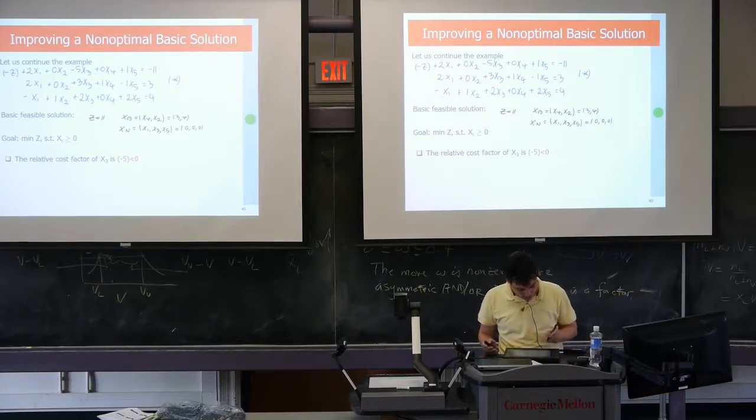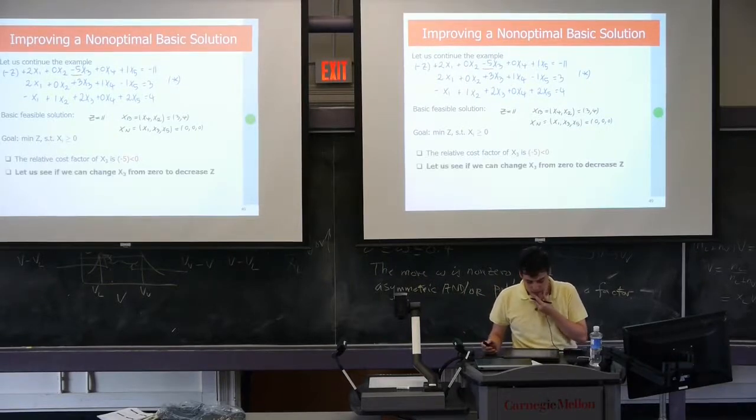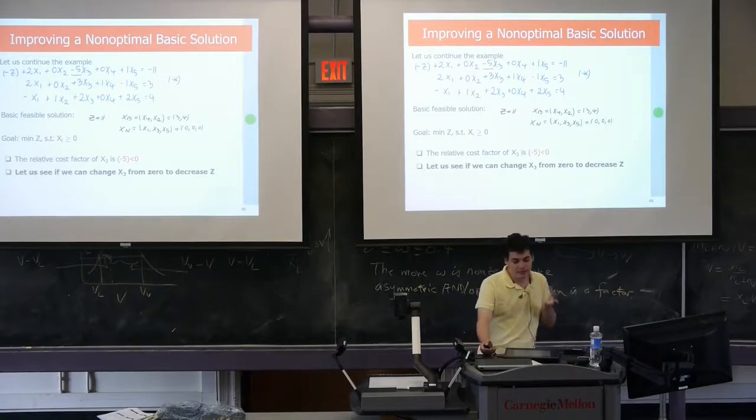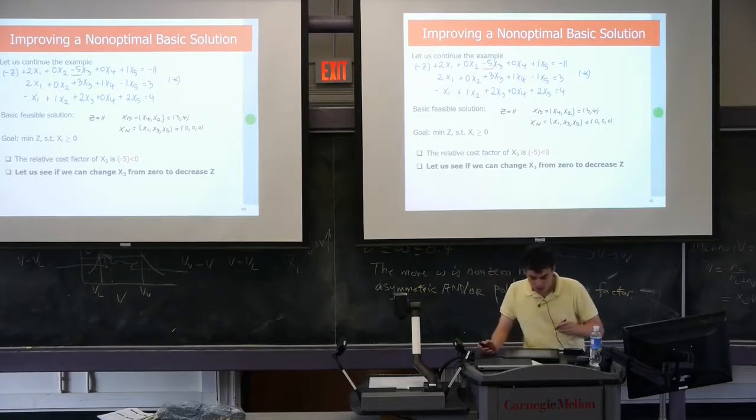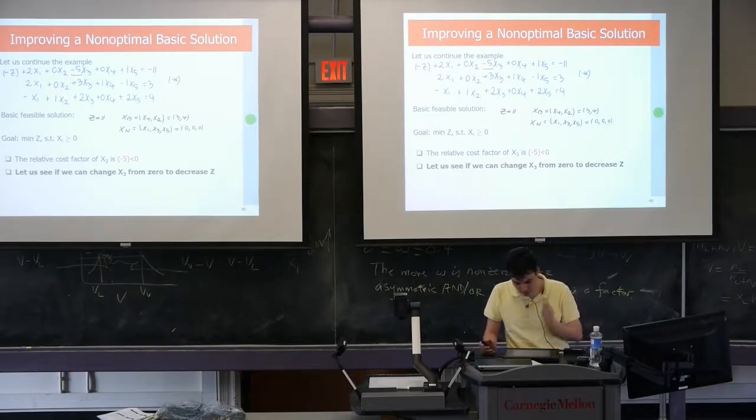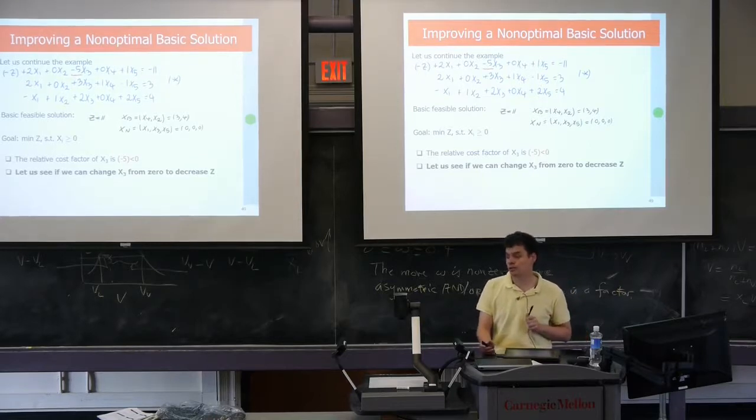And what we can observe is that the coefficient of x3 is negative. Right? It's minus 5. Because the coefficient of x3 is negative, it means that if we increase its value from 0, then we can decrease the value of z.